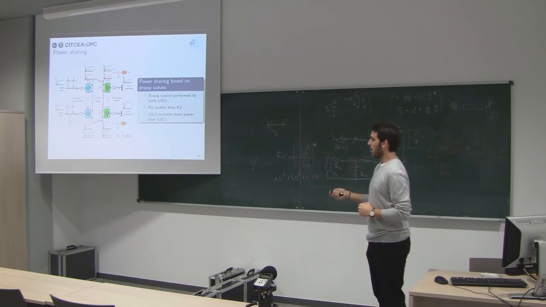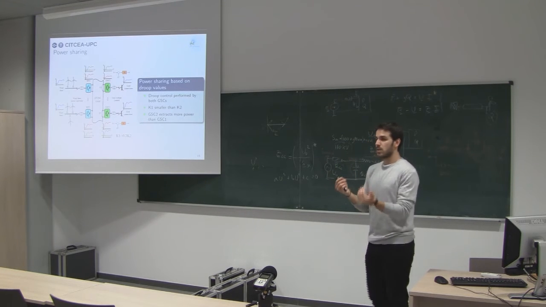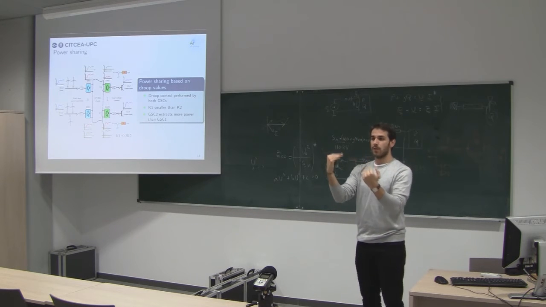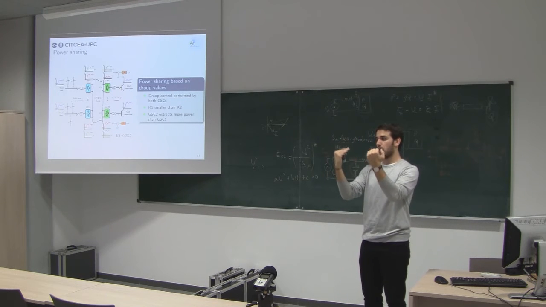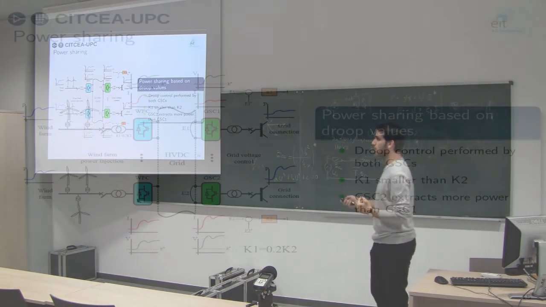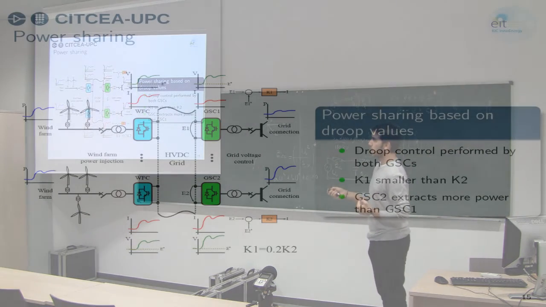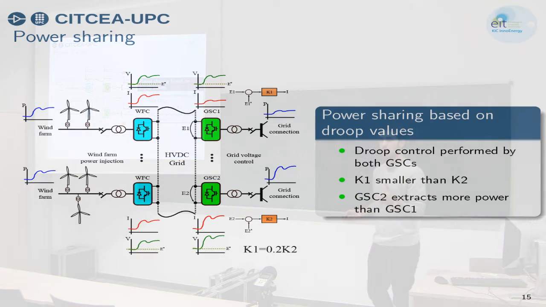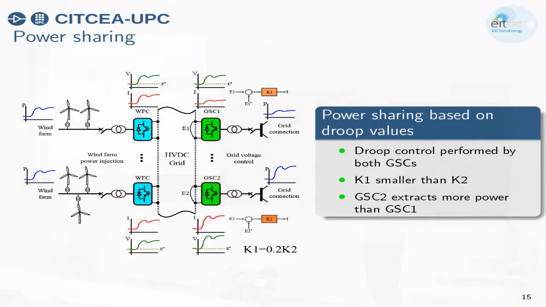We will see that later. If K1 is lower than K2, the grid side converter 1, as it is multiplying by a lower K, will extract less power for the same voltage error, and the other one will extract a higher amount of power. That is what I wanted to depict here. The one that has a larger value extracts more power than the other one.